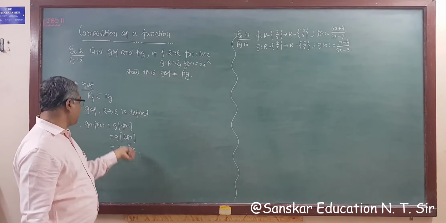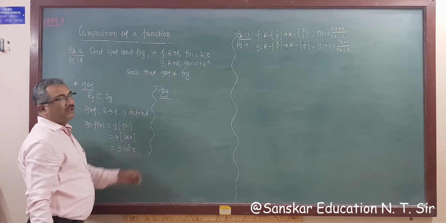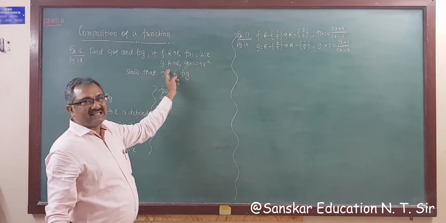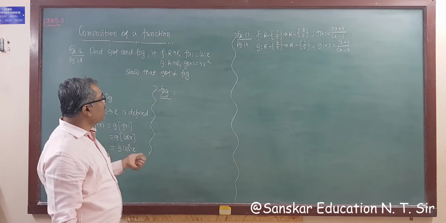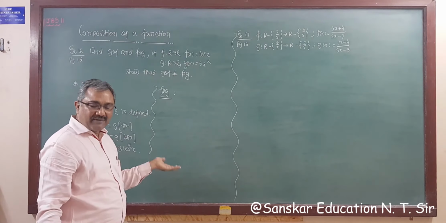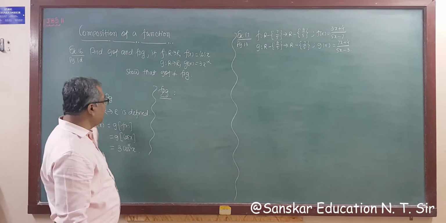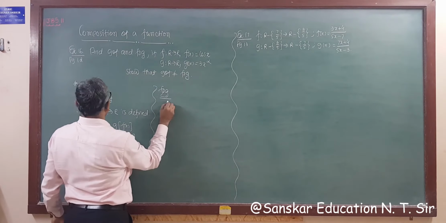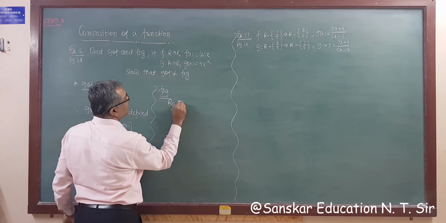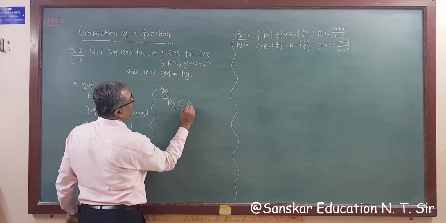Now f over g. For f over g, all the domain and codomain are the same for f and g. So there is no need to check the domain of f or g, or the range of f or g. You can write directly. For this we require the range of g to be a subset of the domain of f. So here the range of g is a subset of the domain of f.